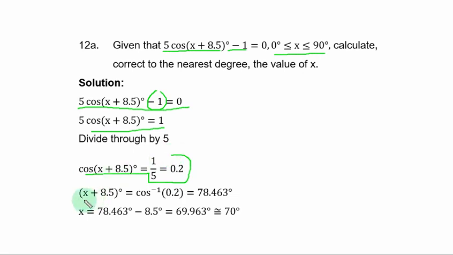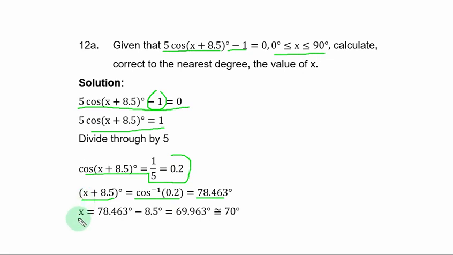We have to get s plus 8.5 degrees first before you can get s. To do that, you have to take the inverse of cosine of both sides. So you have inverse of cosine of 0.2, and that is 78.463 degrees. For us to get s now, you transfer 8.5 to the right hand side.